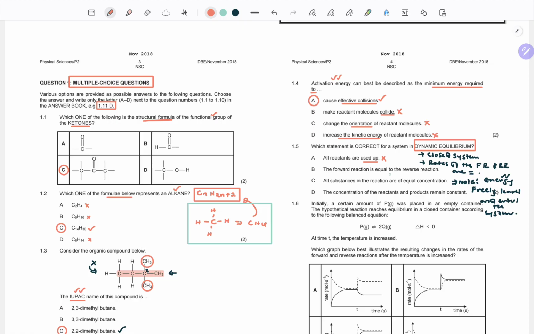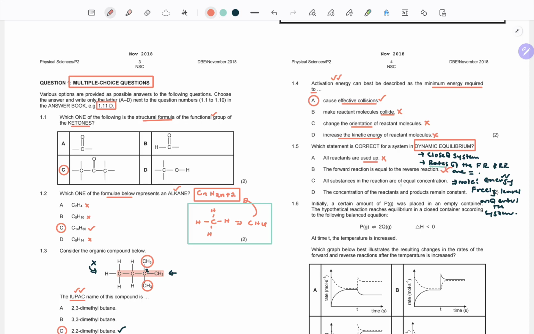The forward reaction is equal to the reverse reaction. Well, this is tempting, but the problem is that it just says the forward and the reverse, and we know that those two are not equal in magnitude, but the rate at which they occur is what is equal. So what is missing is the rate. So as a result, it's a partially correct statement.